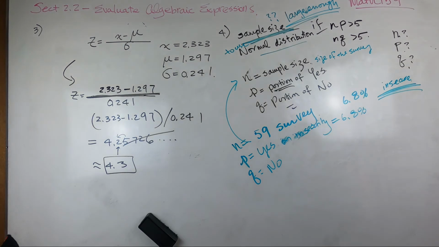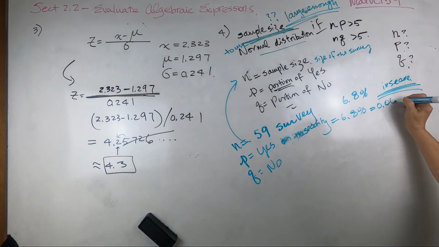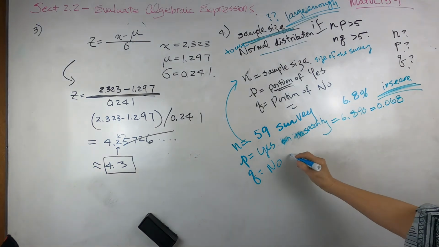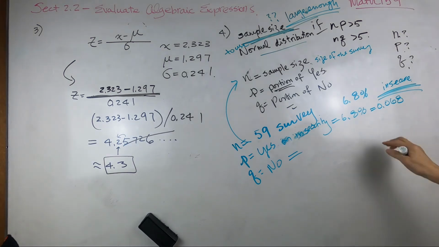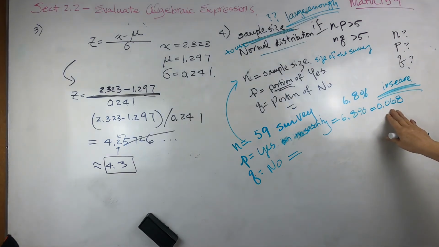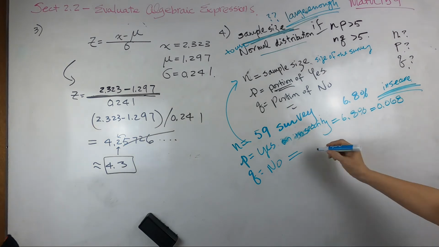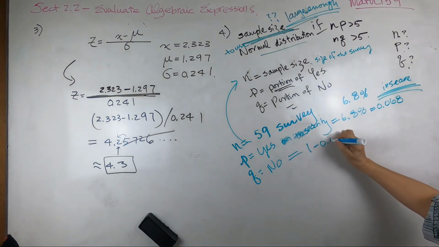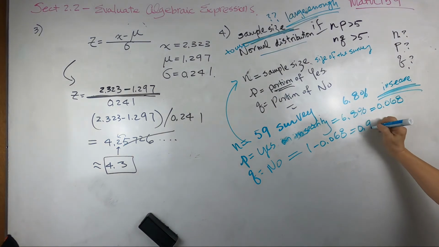When yes is 6.8%, you change to decimals, so 0.068, right? Then the whole population, we call it 1. So the portion saying yes is 0.068, the remaining we say no. So you do 1 minus 0.068, that would be 0.932.